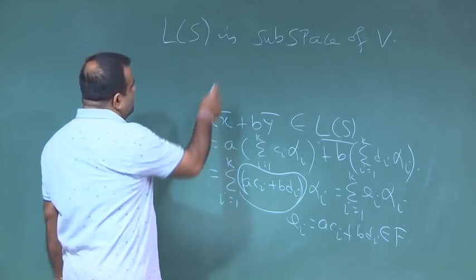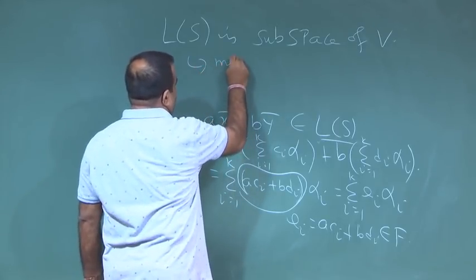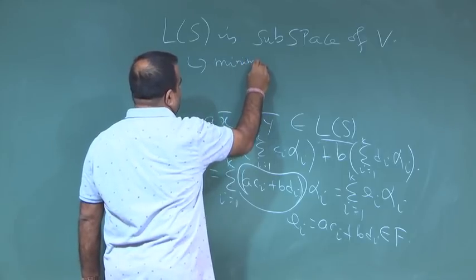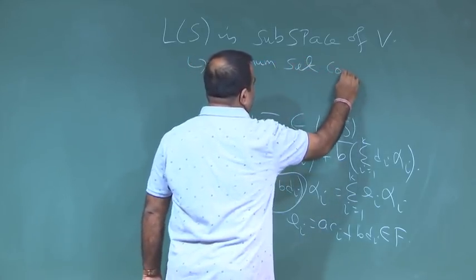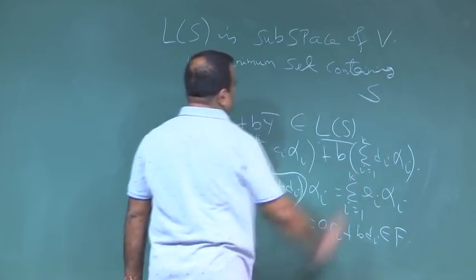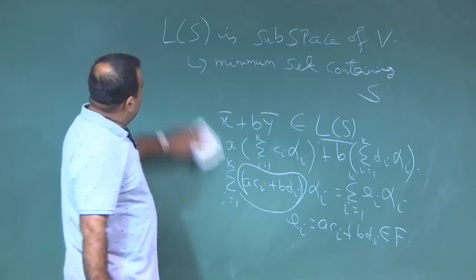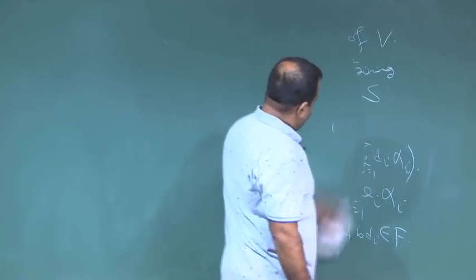So, this is the minimum subspace containing S. Okay. So, this is called the linear span of a set.